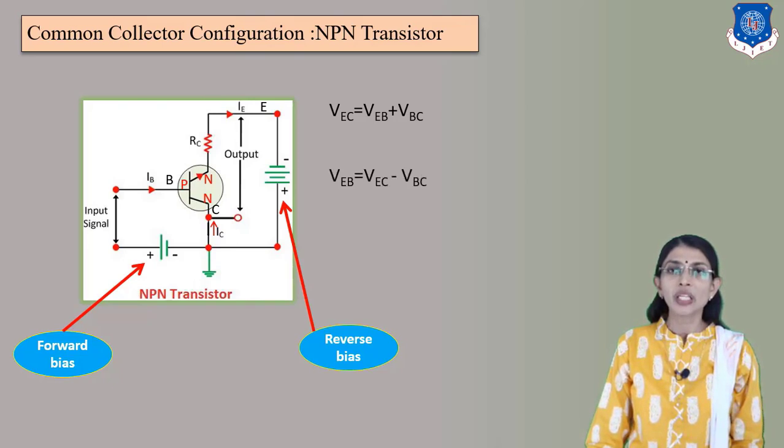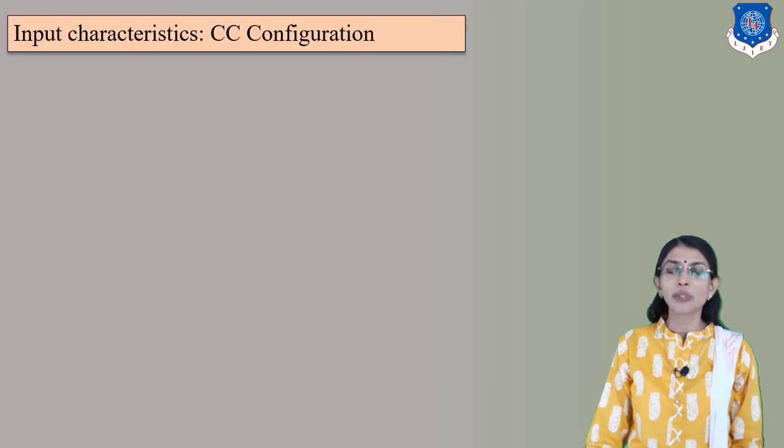So you will have VEB is equal to VEC minus VBC. These are the standard equations for the common collector configuration, and with the help of these equations we can understand the input characteristic easily. So now let's draw the input characteristic for common collector configuration.